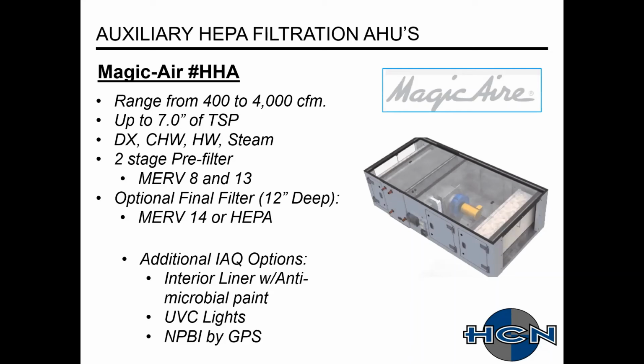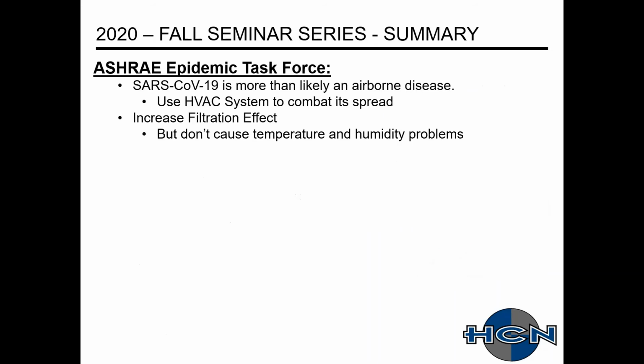There are choices for different auxiliary heating and cooling. There's a two-stage pre-filter with a MERV 8 and MERV 13. There's an option for a final filter, whether it's MERV 14 or HEPA filters. And then in addition, we have some indoor air quality options for antimicrobial liner. You can factory install UVC lights as well as the needlepoint bipolar ionization by GPS. All right.